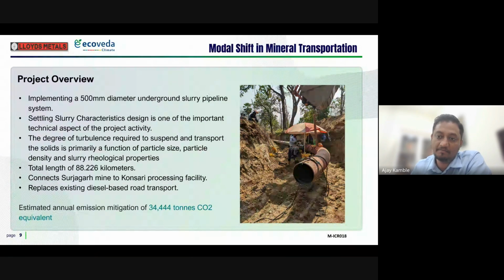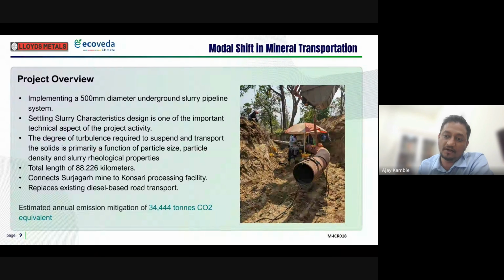We have a pellet plant where we dewater it and make a filter cake from the iron ore concentrate, and further make pellets. While laying the slurry pipeline, there were no tree cuttings. We obtained the right of way along the existing road, which is very small.